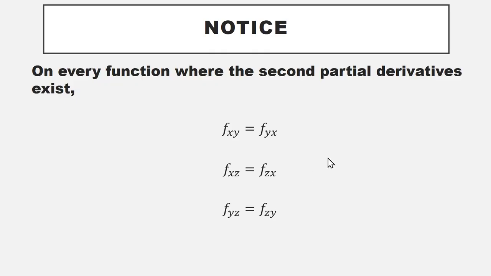Those are always going to be the same as long as they exist. So as long as we can actually calculate them, each pair should be the same. Obviously, each pair is going to be different from the others, but within each pair they are the same.